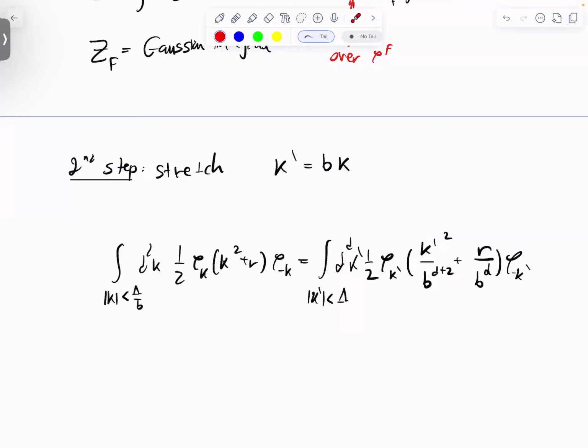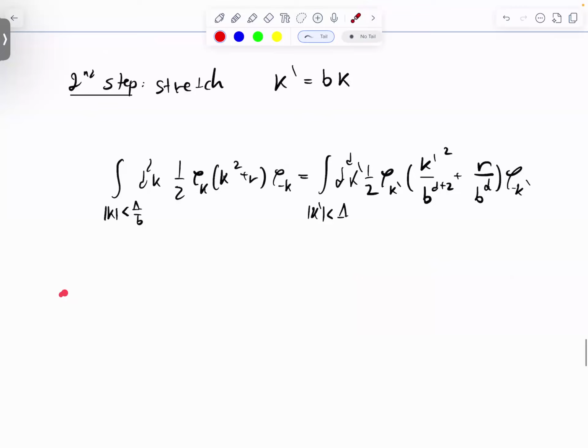Okay? Now I'm almost done. So now the last step depends on the fixed point you chose, and in this case we're doing it around a Gaussian fixed point.